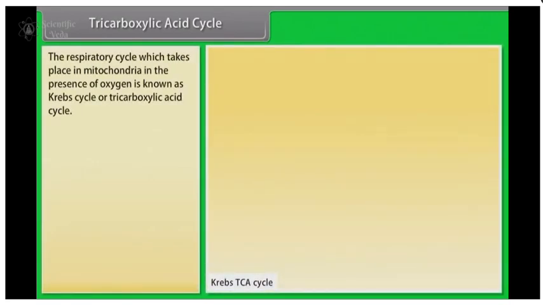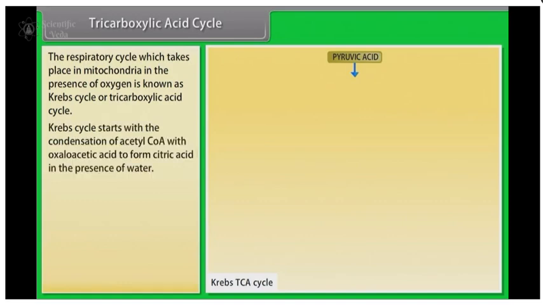Tricarboxylic acid cycle. The respiratory cycle, which takes place in mitochondria in the presence of oxygen, is known as Krebs cycle or tricarboxylic acid cycle. Krebs cycle starts with the condensation of acetyl CoA with oxaloacetic acid to form citric acid in the presence of water.